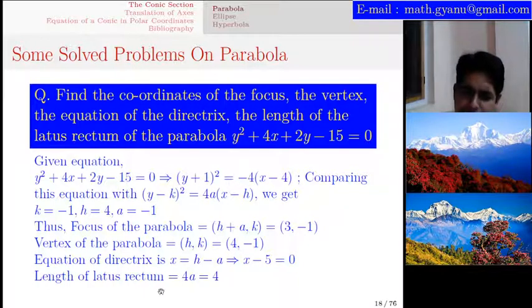But in the case of the latus rectum, it's a distance, so we write 4a equal to 4. Some writers use modulus signs to denote the length of the latus rectum. I have omitted them here and simply write 4a. You can write the latus rectum as absolute 4a, then it will be understood as a positive quantity.